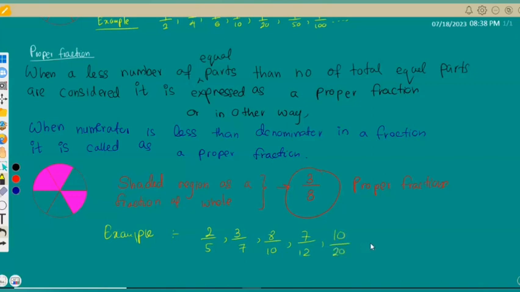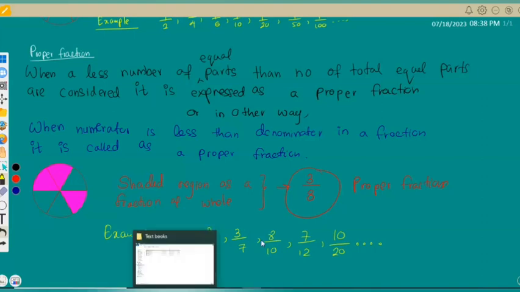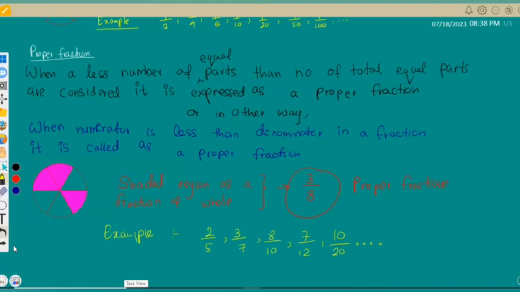Any kind of fractions, okay? Any form. That means if a fraction is written when the numerator is less than denominator, it is called a proper fraction. That means the considered amount of equal parts are less than the number of total equal parts. Those kind of fractions are called proper fractions. Write down.